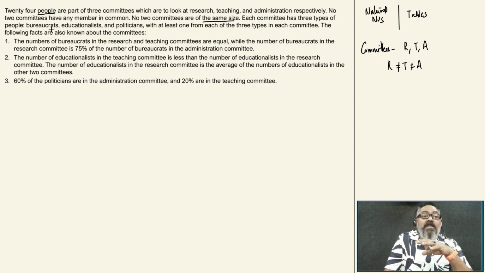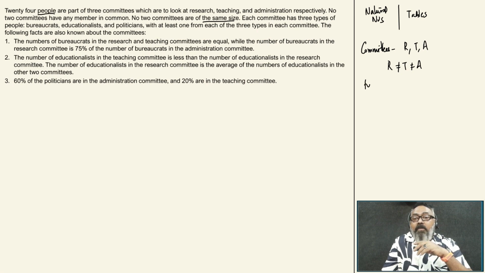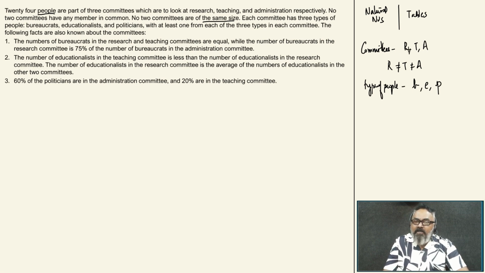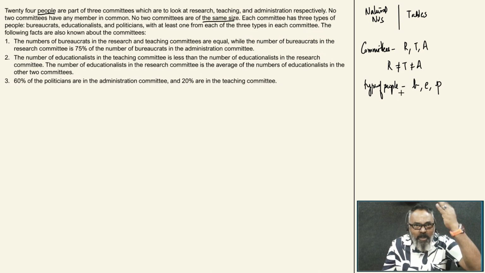Each committee has three types of people: bureaucrats, educationalists, and politicians. So there are the types of people: bureaucrat, educationalist, and politician. I've kept this in small letter alphabet. This is bigger letter just to differentiate visually.